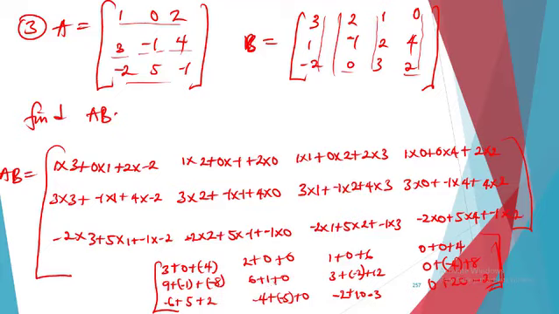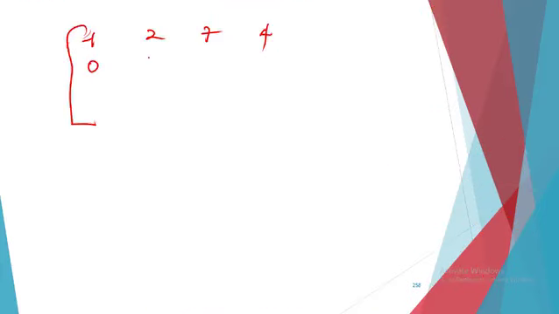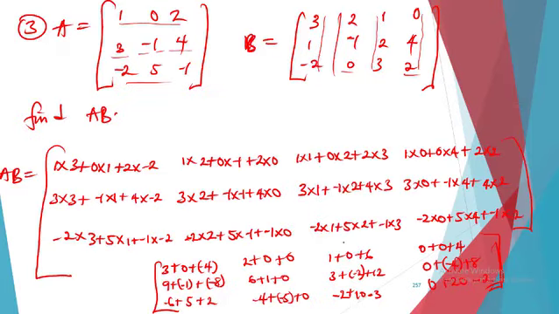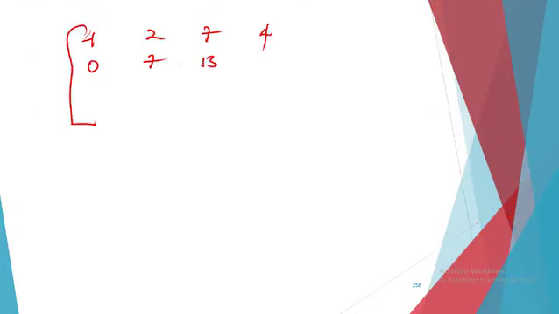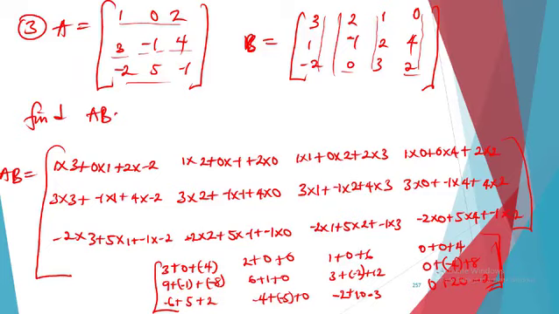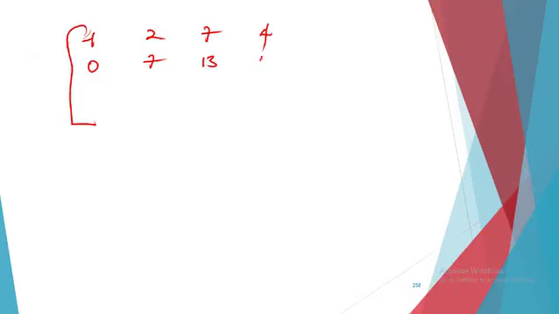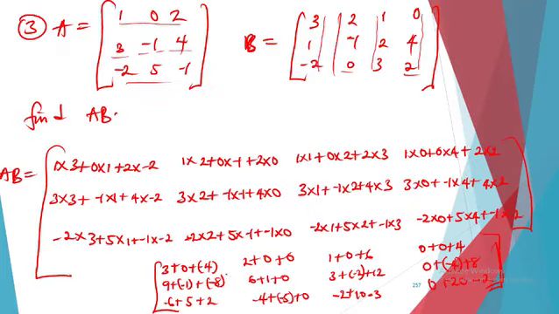6 plus 1 is 7 plus 0, 7. 3 minus 2 is 1 plus 12, 13. 0 minus 4 is minus 4 plus 8. We have 4. Okay, 6 minus 6 plus 5 is minus 1 plus 2.